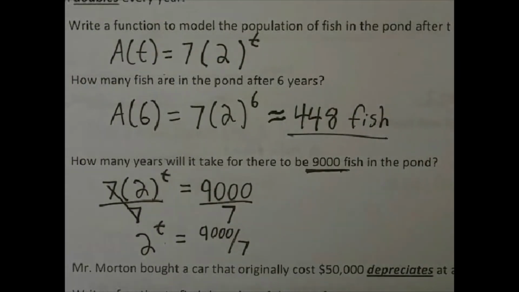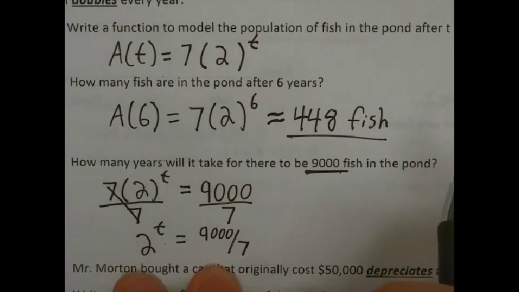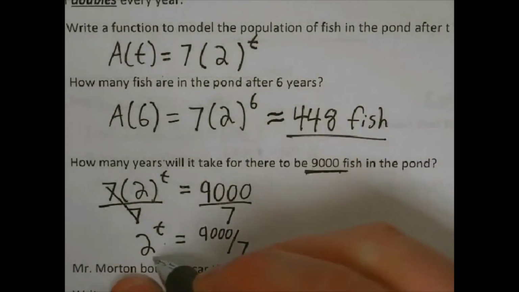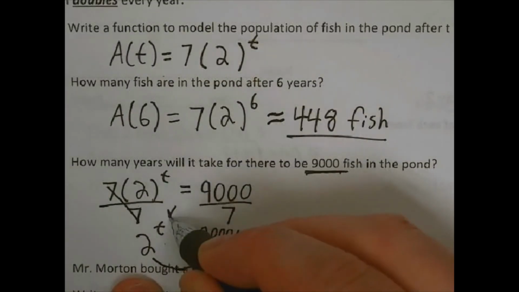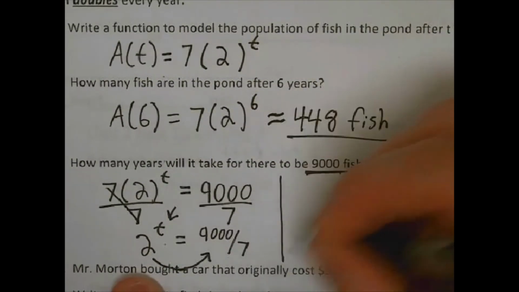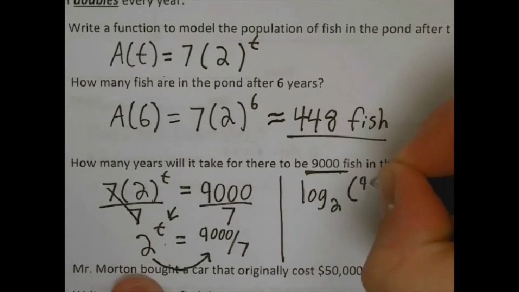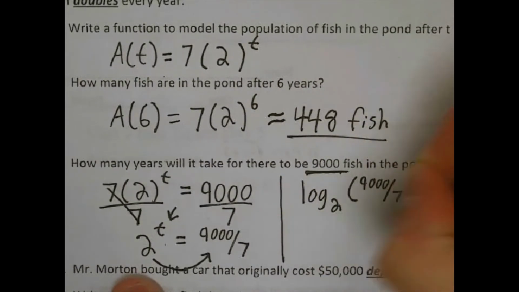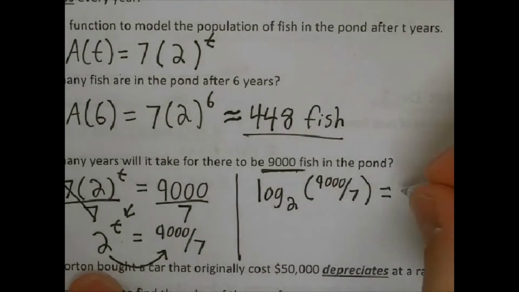Now, even though this looks strange, I still now can do left, right, middle. Left, which is 2, right, which is my lovely fraction, in the middle, which is t. So if I do log base 2 of 9,000 over 7, this will equal t.